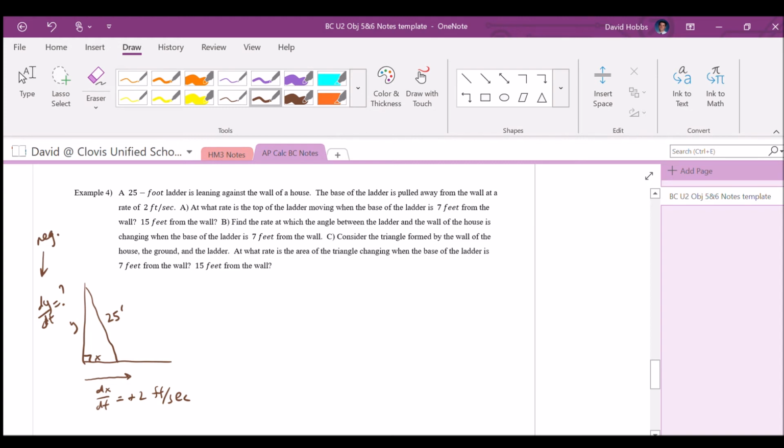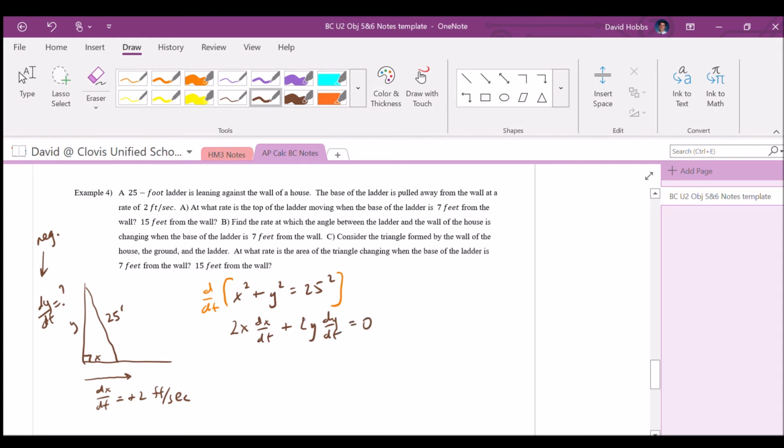What's an equation that we can use to relate these? How about the Pythagorean theorem? x squared plus y squared equals 25 squared. Take the derivative with respect to time, and we get 2x dx/dt plus 2y dy/dt equals 0.